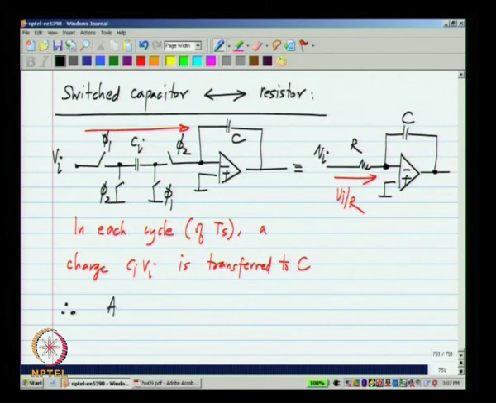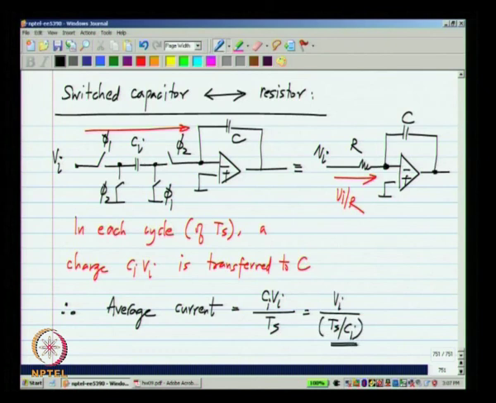So, the average current equals Ci Vi divided by Ts or Vi divided by Ts by Ci. Okay.